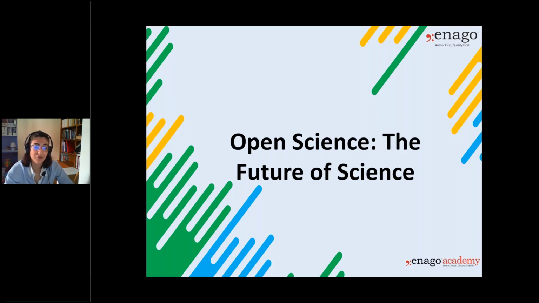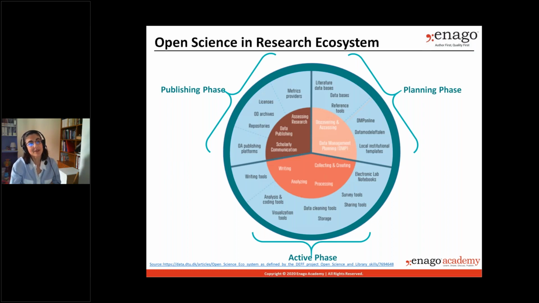Open science and the future of science. So in the open science research ecosystem, if you think about it, you can have open parameters in all the different stages of planning a research project, where you have open literature databases, open data repositories, and open data management tools.